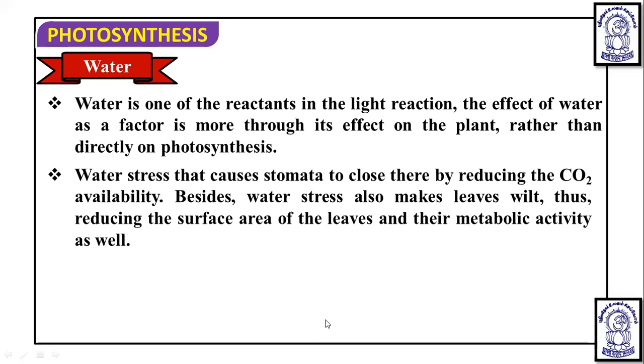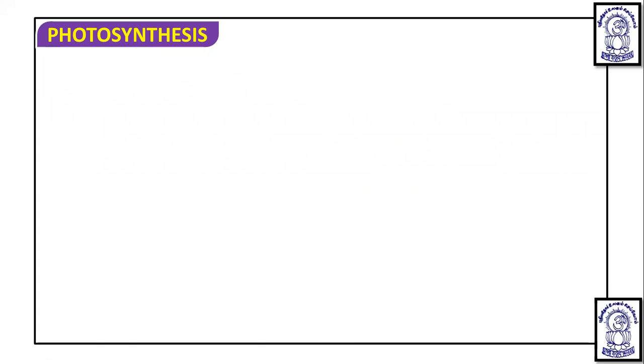When there is water stress, it may happen that leaves wilt or show curling, due to which the surface area of the leaf will be less, so light absorption will be less, and the metabolic activity is also going to be affected. So both wilting and closing of stomata occur in water stress, and the photosynthesis will decrease. This is how water affects it.